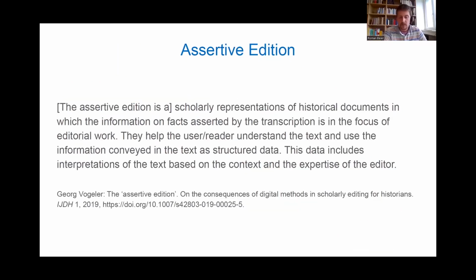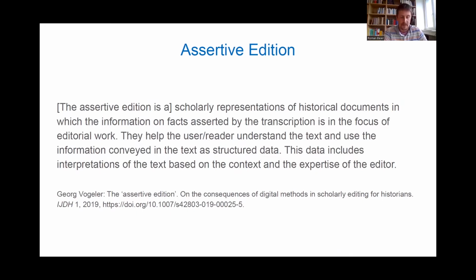A couple of years ago, Georg Vogeler suggested that already in print editing, historians have developed a specific way of editing historical documents. And this is also visible in digital editing.